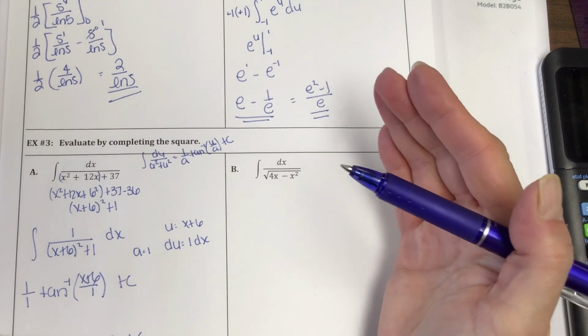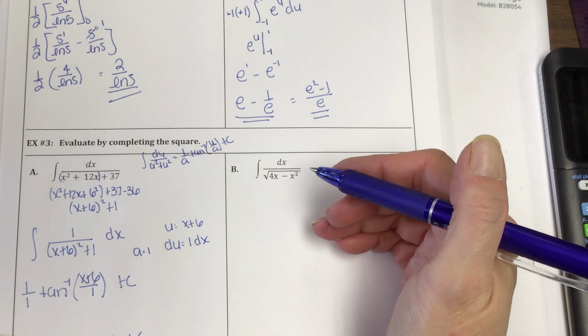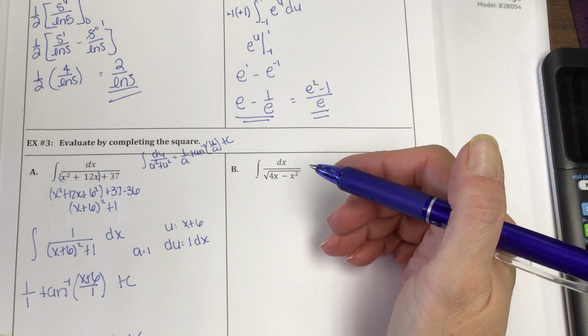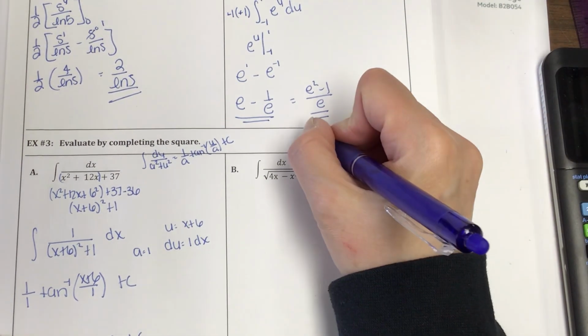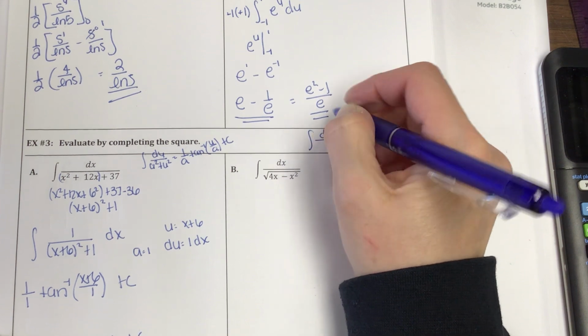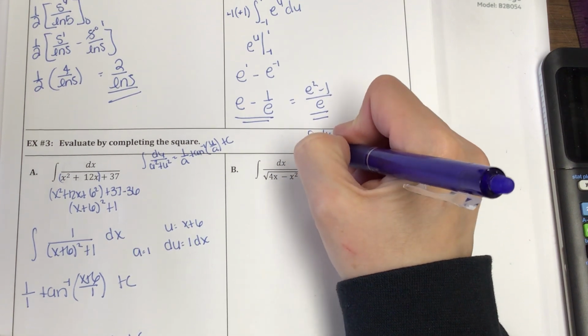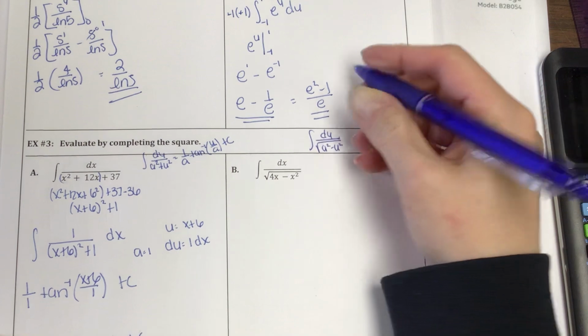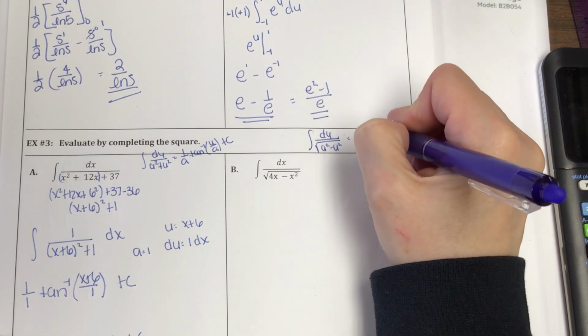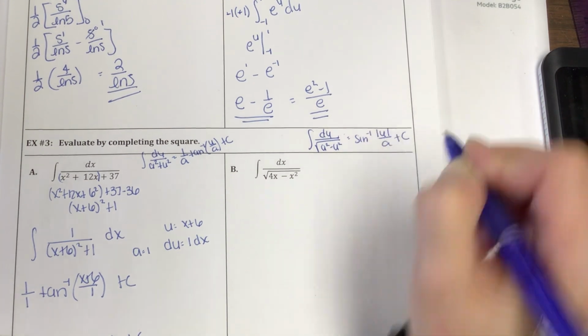Because I know if I have 1 over a square root of a squared minus u squared, that's one of my identities. And so the antiderivative of du over the square root of a squared minus u squared is inverse sine of the absolute value of u over a plus c.